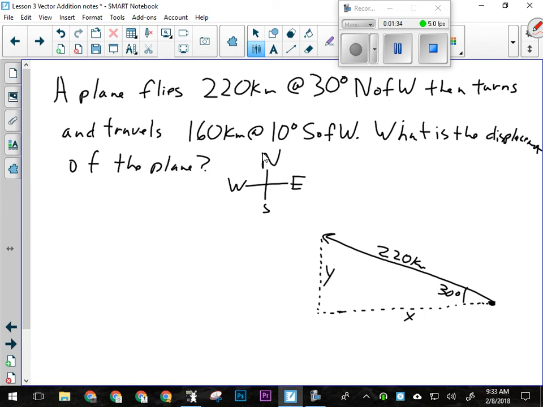So once again, I'm going to draw a reference line that is west. I'm only going to go 10 degrees south of it this time. So it'll have an X and a Y component as well.